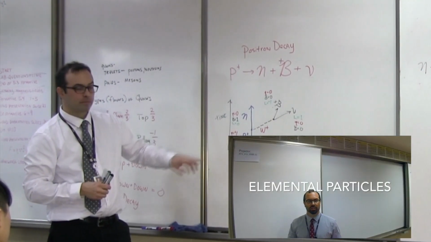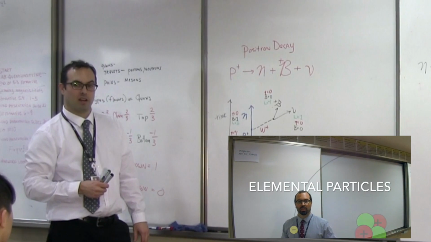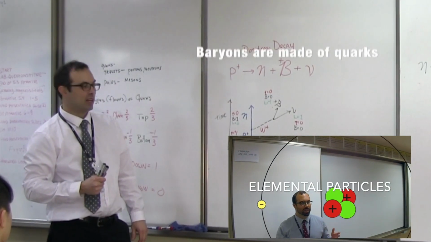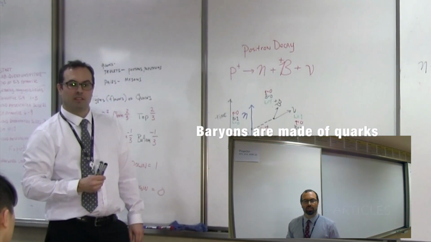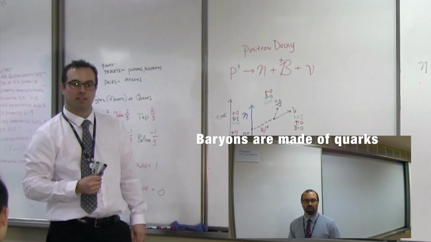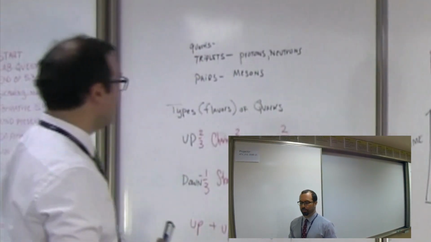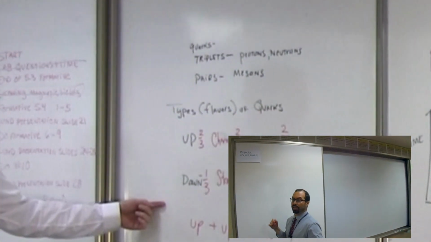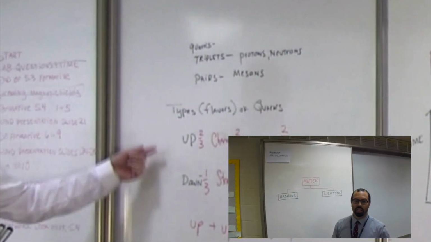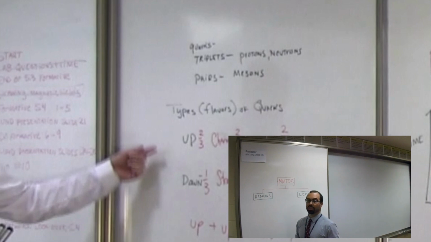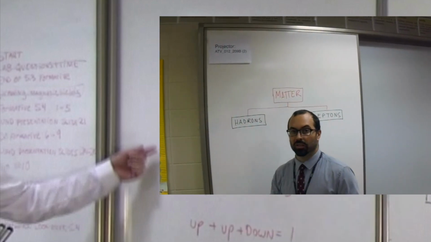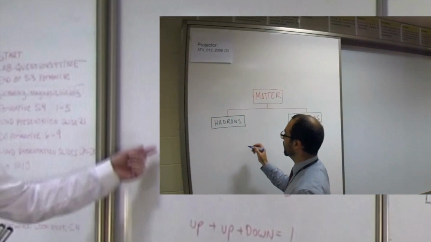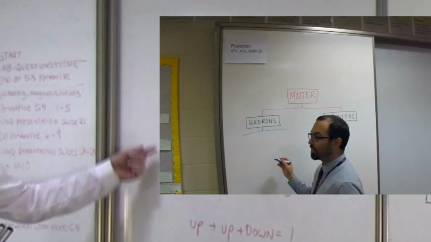Baryon number. Figure out what baryons are. What is matter made of? Baryons are all the things that are made of quarks. So going back to the elemental particles video, these hadrons and leptons are made of different things, and that's part of how we classify them. The hadrons themselves are broken up into 2 other categories, baryons and mesons.